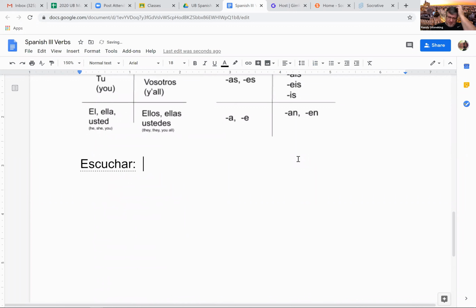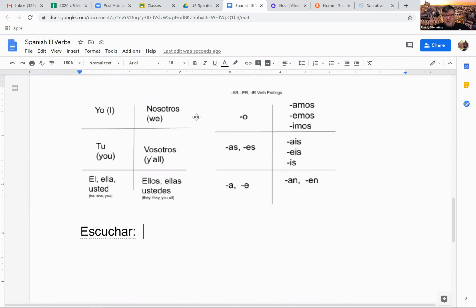So what you're gonna do is you're gonna use two pieces. One piece from this chart, the person or people that are doing the action, and then the ending that would go along with it. So if you chose escuchar, let's do the tú ending. So you would just put in parentheses, tú.